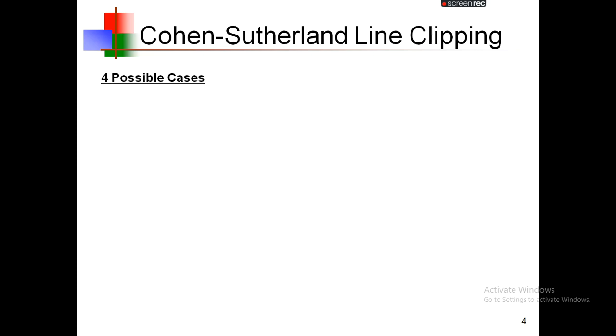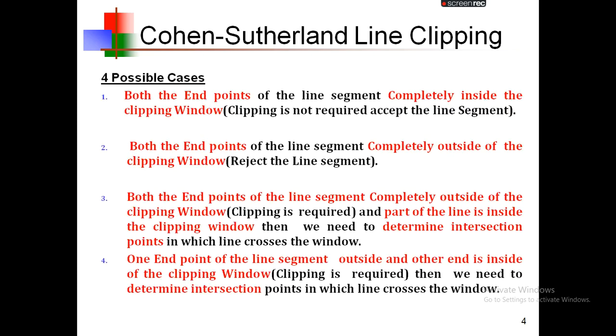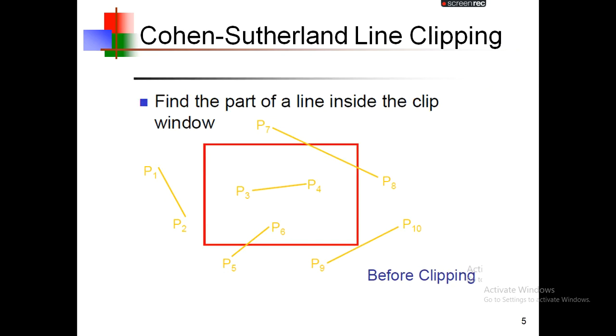The working principle of the Cohen-Sutherland line clipping algorithm is simple. But before going to the working principle, as you can see in this slide, we are discussing all the algorithms only with respect to the two-dimensional Cartesian reference frame.